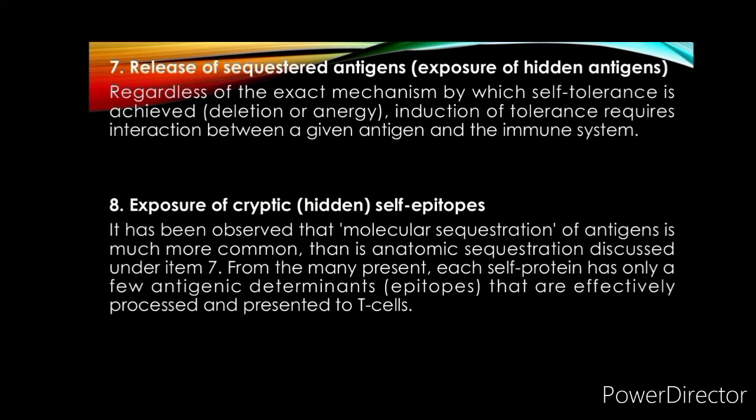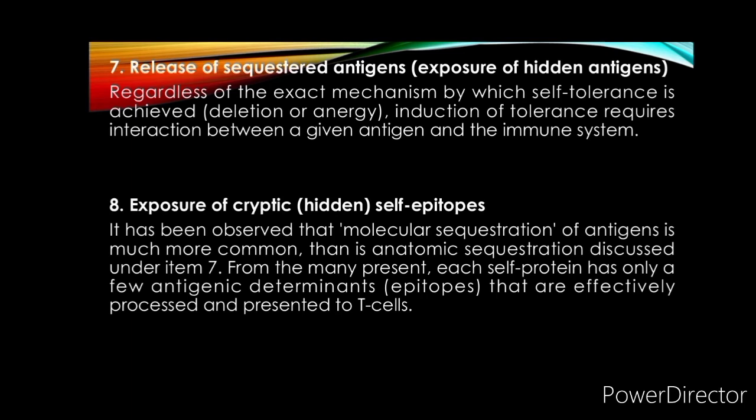Number 7. Release of sequestered antigens. Regardless of the exact mechanism by which self-tolerance is achieved, induction of tolerance requires interaction between a given antigen and the immune system. Number 8. Exposure of cryptic self-epitopes.